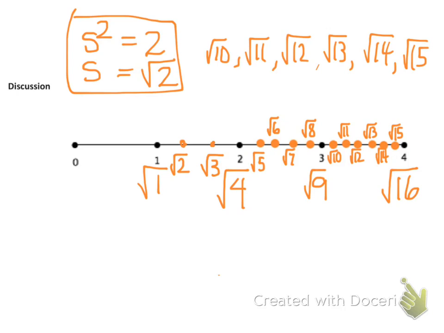Okay, so what we can notice on this number line is that there are some numbers on the number line, integers, as 1.